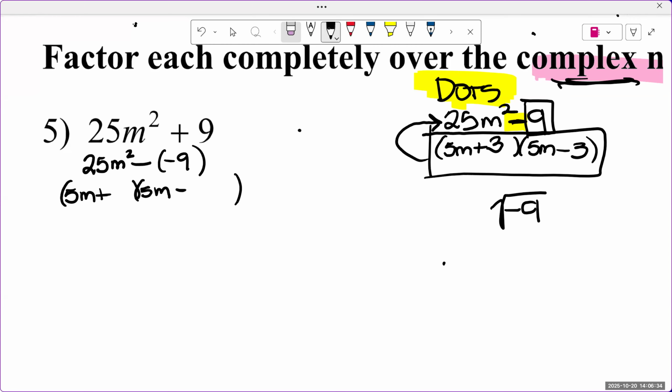Now, I need to take the square root of -9, which is the square root of -1 times the square root of 9. Square root of -1 is i. Square root of 9 is 3. So 3 plus 3i, minus 3i.